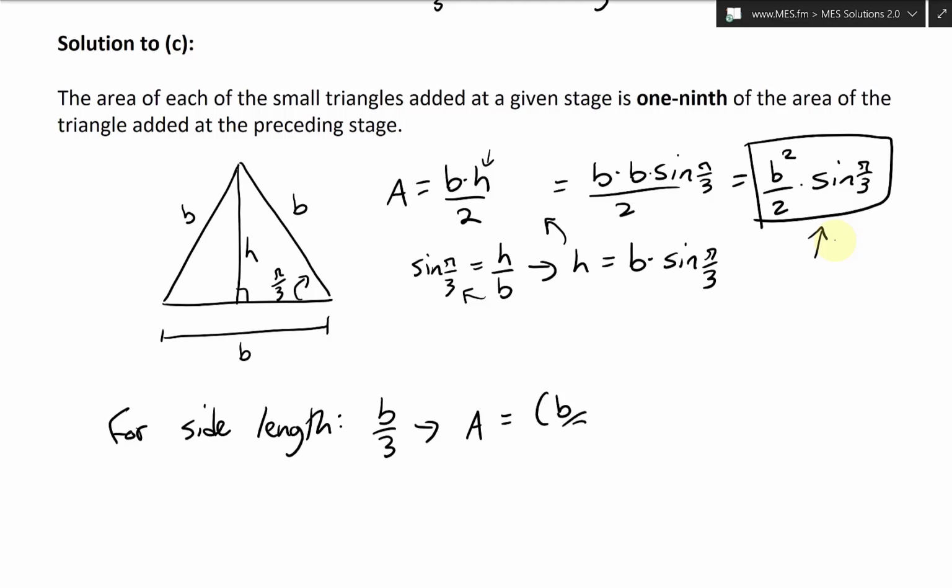So B over 3 squared over 2, times sine pi over 3. Squaring the 3, this equals 1 over 3 squared times B squared over 2 sine pi over 3.